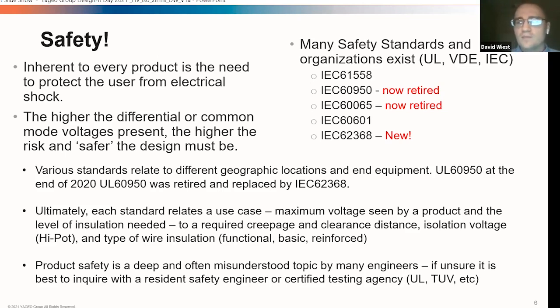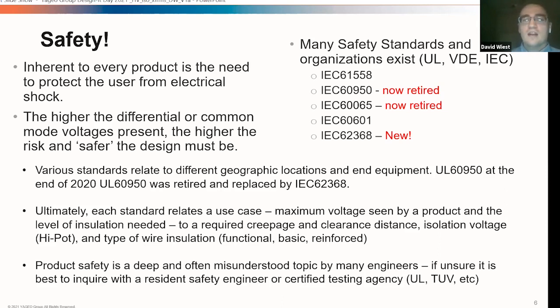Safety is a huge field, with very many standards relating to different end products. Two notable standards that have recently been retired are the UL 6950, which pertains to information technology equipment, and the IEC or UL 60065, which pertains to audiovisual equipment.